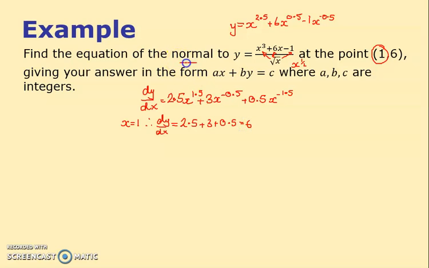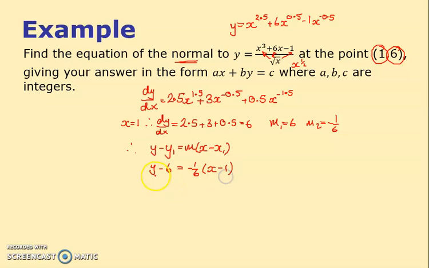Now what's the equation of the normal? So don't forget, m1 equals 6, but m2 is minus 1/6. So therefore I need to substitute this into my equation. Y minus y1 equals m(x minus x1). What was it, it was 1 and 6. Okay, so y minus 6 equals minus a sixth (x minus 1).